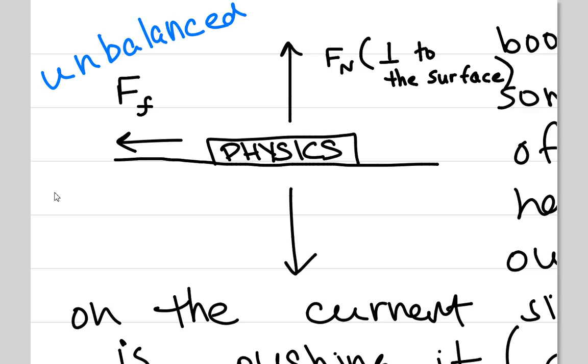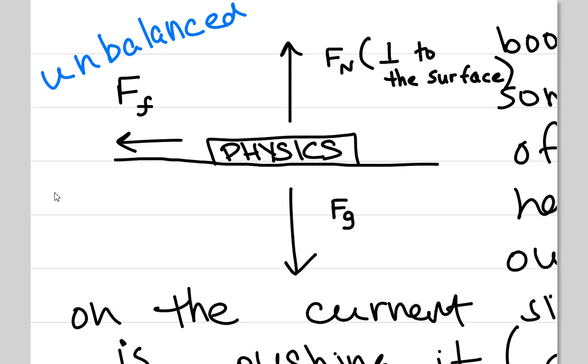What's happening to the wall? The wall is pushing back, stopping my motion. So which direction does the wall push? Perpendicular to its surface. It's me standing on this floor. Why don't I fall through it to the center of the earth? The floor pushes back perpendicular to the surface. It's opposing this downward gravitational force, which we call Fg.